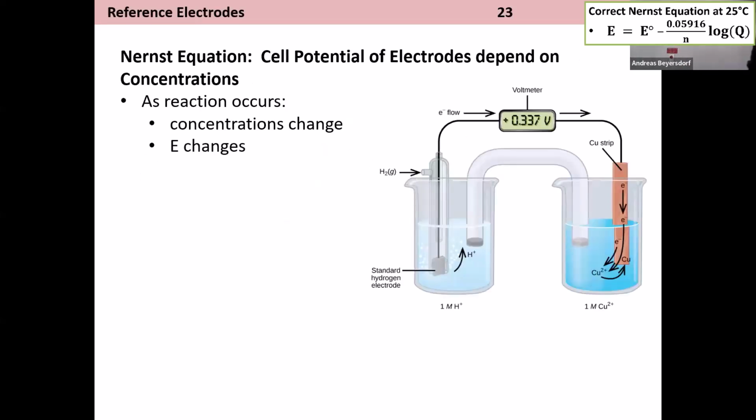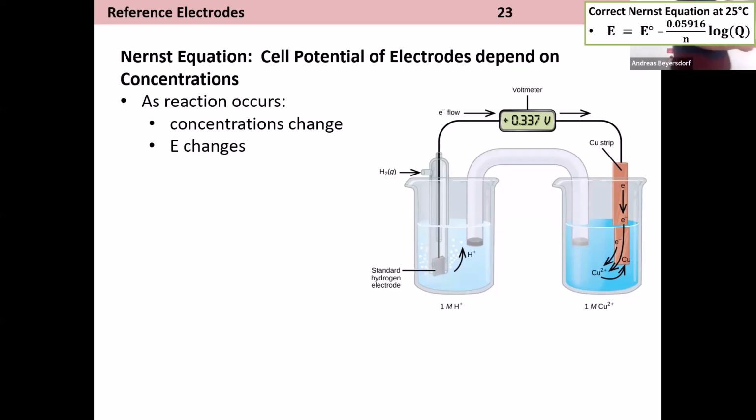Okay, so the Nernst equation tells us that the cell potential of electrodes depends on their concentrations. Now, as reactions occur, the concentrations will change. And that means that as the reaction occurs, the cell potential itself can also change.